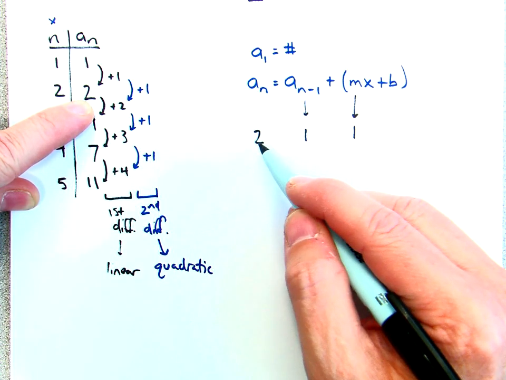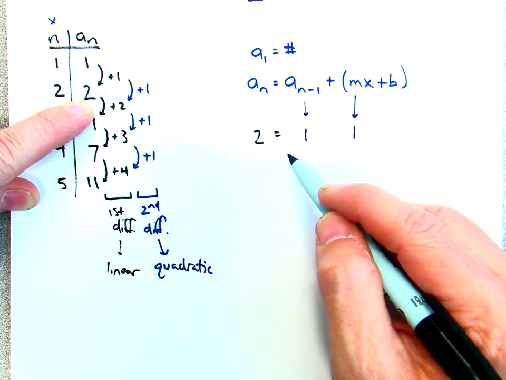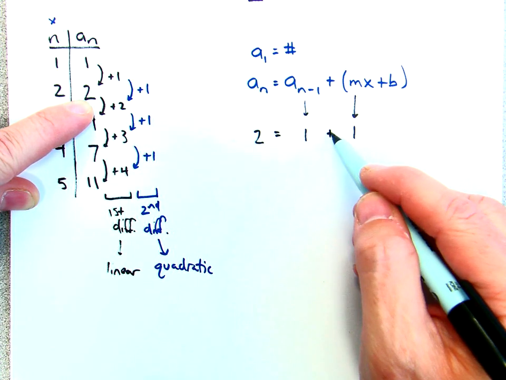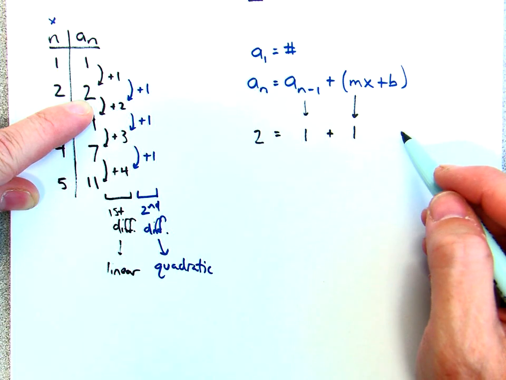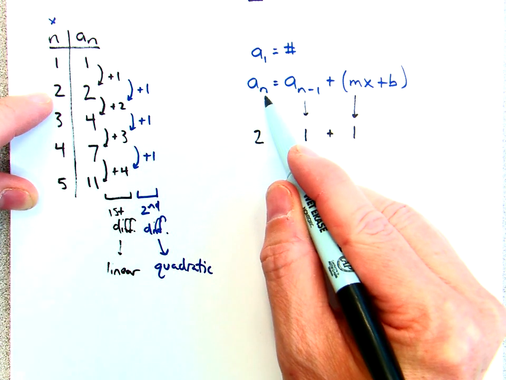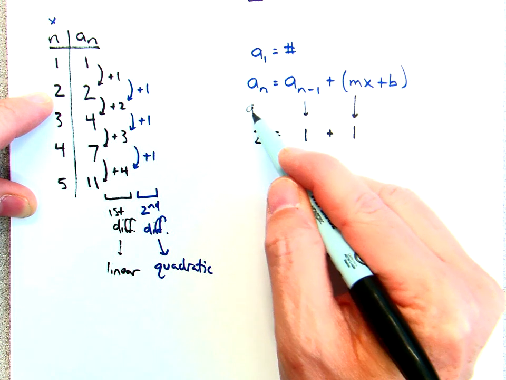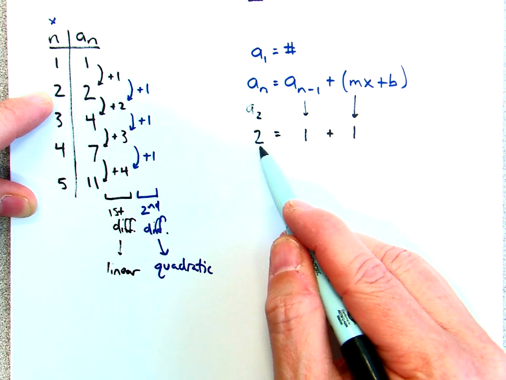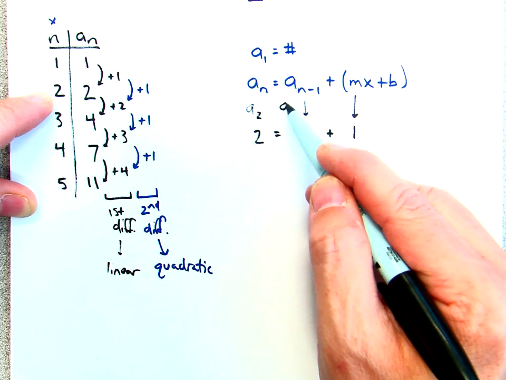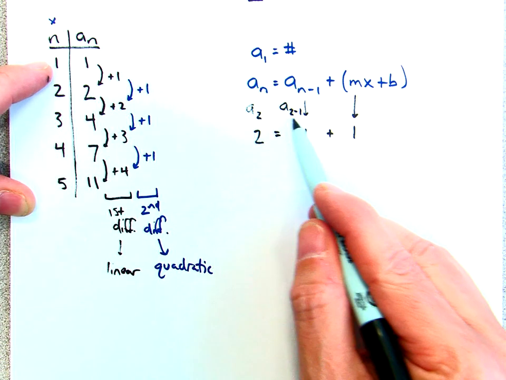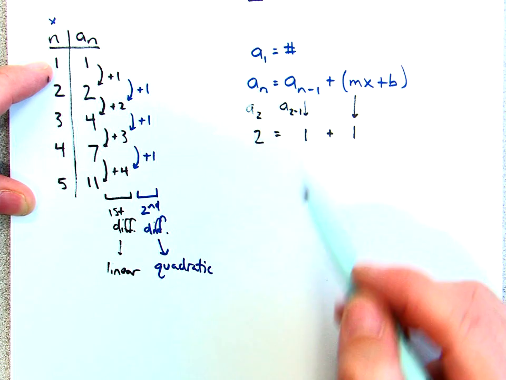So I can get the second term by taking the first term and adding some value, right? Because if I wanted n to be 2, which is the value of the second term, then 2 minus 1, which is the value of the first term, a sub 1, right?